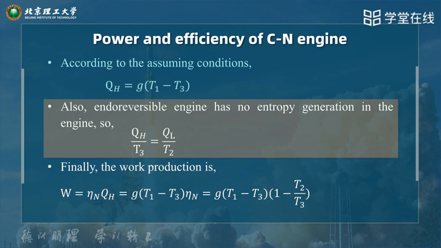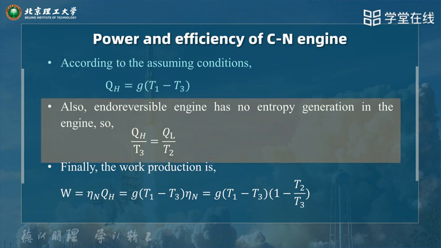Also, the endo-reversible engine has no entropy generation in the engine because we still assume the engine is reversible. So we can still get QH over T3 equals QL over T2. But remember, here it is T3, not T1.